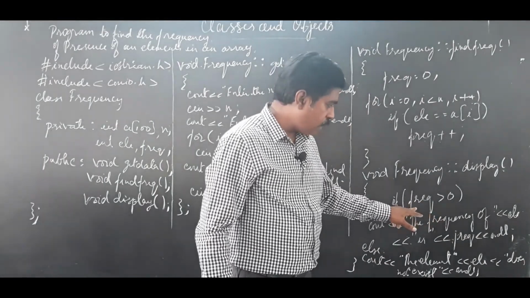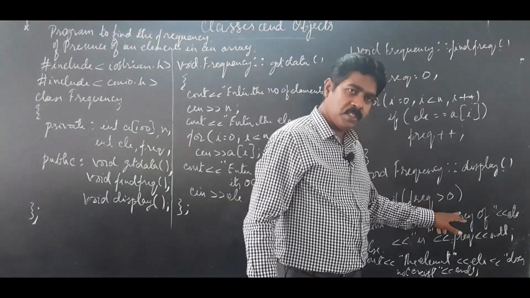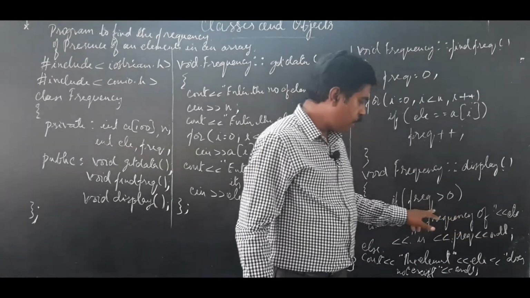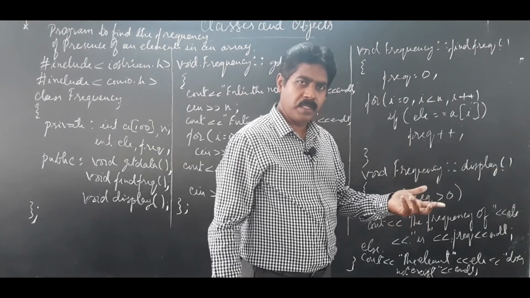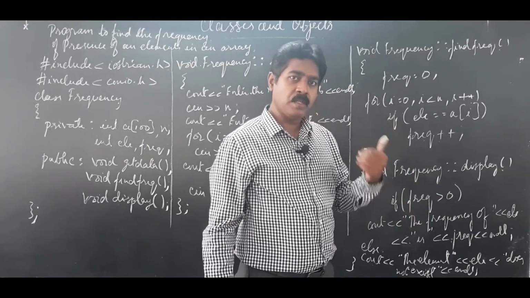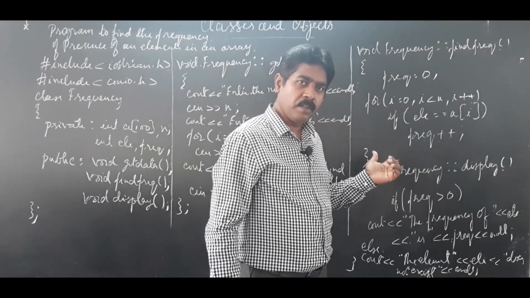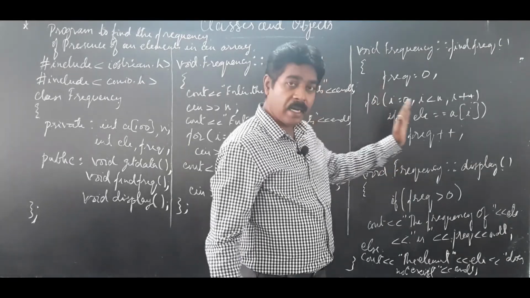If the frequency's value is greater than 0, that means the element is found, could be once or twice. Please go through the previous program's logic which I explained by drawing the array.